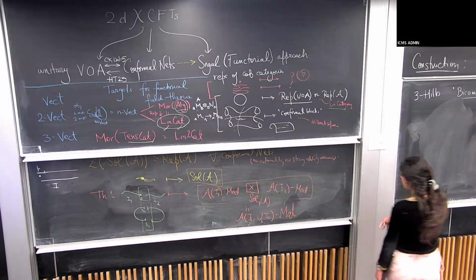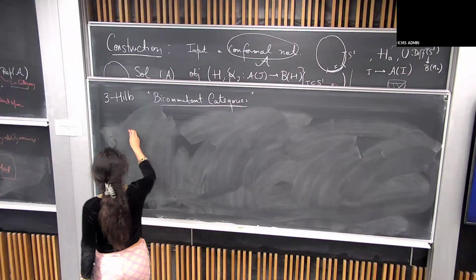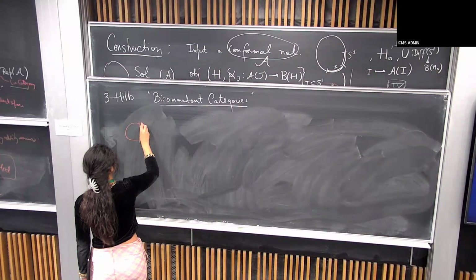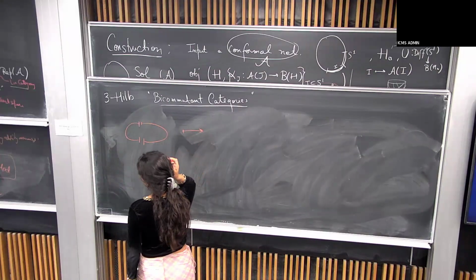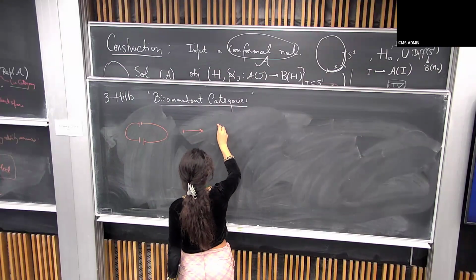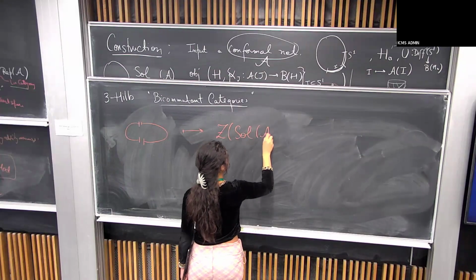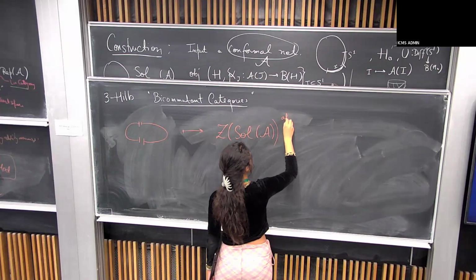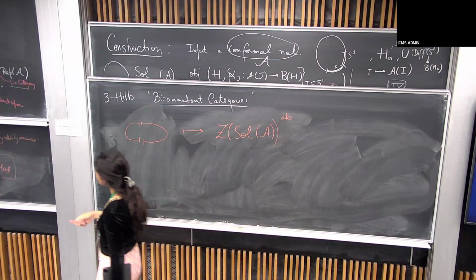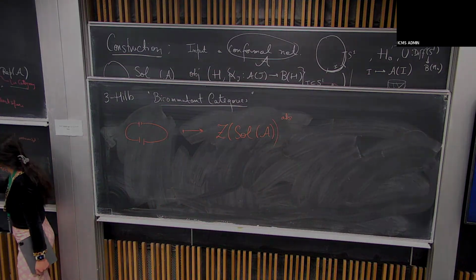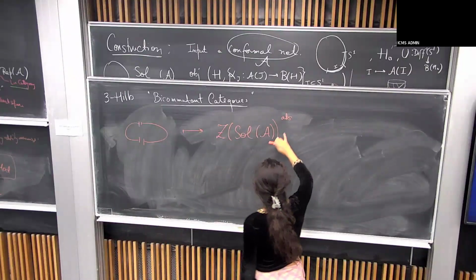But yeah, that's a construction that can be done. Okay, so when I do this gluing now, it turns out what I get is the Drinfeld center of Sol A, but its absorbing subcategory. And that is just by the nature of how this process is defined, but not everything is broken.